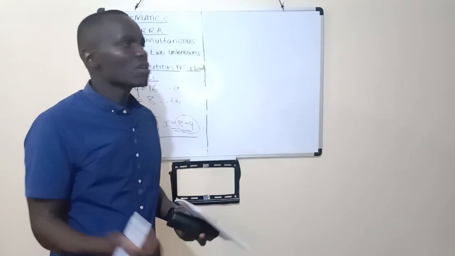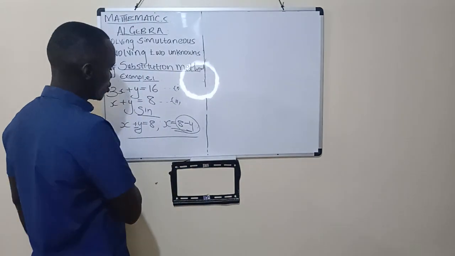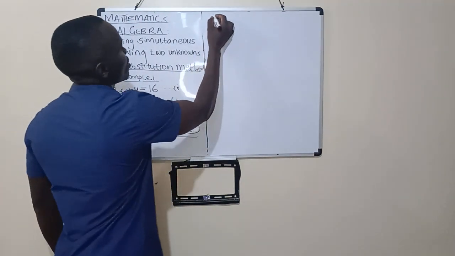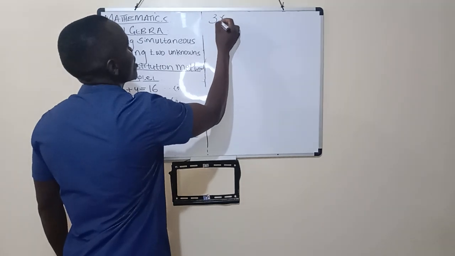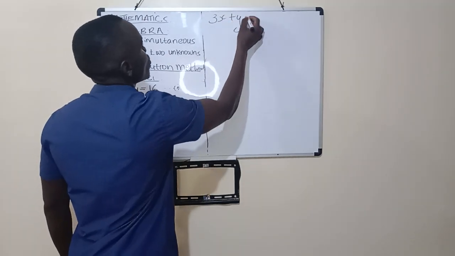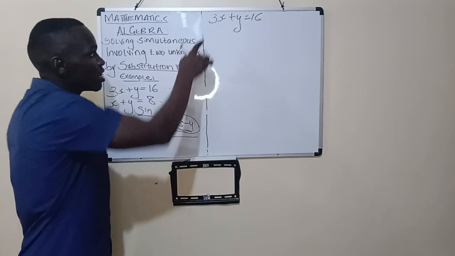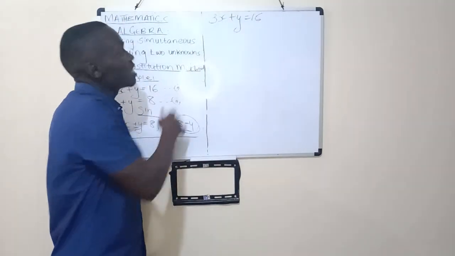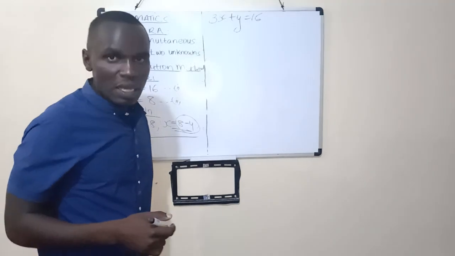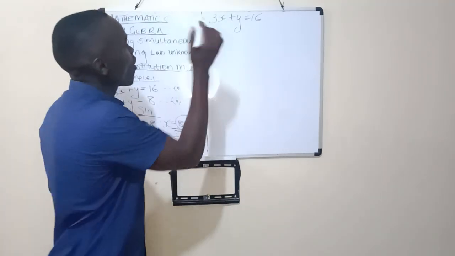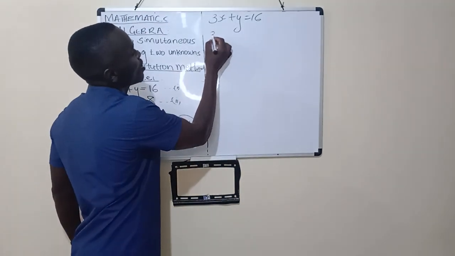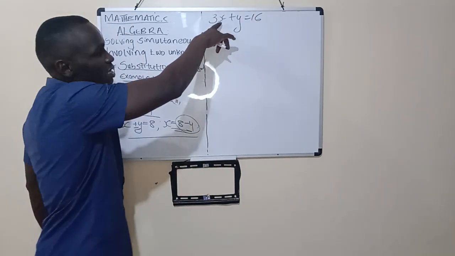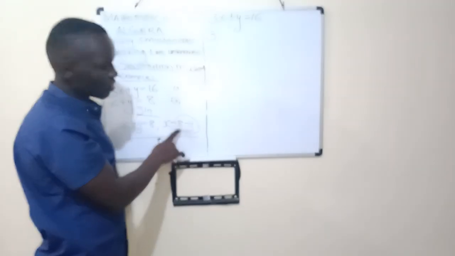Now, what do I mean? We take our first equation where we have 3x plus y equals to 16. Now, this being our first equation, we are going to replace the value of x in our first equation. Learners, let's see. Now, we're going to have 3, then x is here, and the value of x is this one.